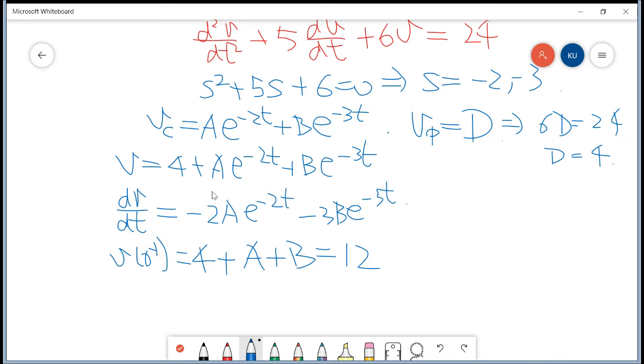And dV dt 0 plus, which is minus 2a minus 3b, which is minus 12.